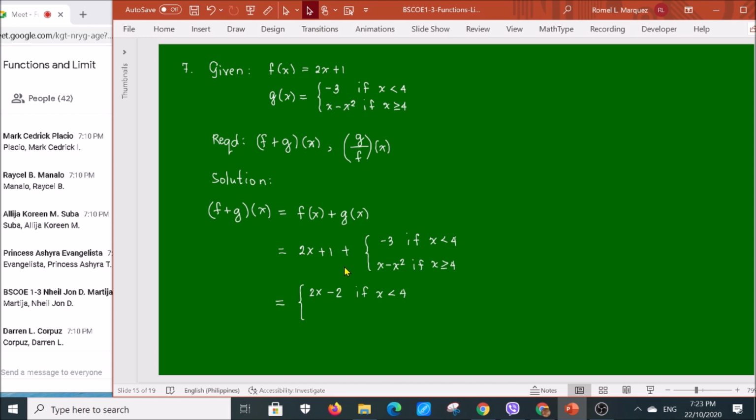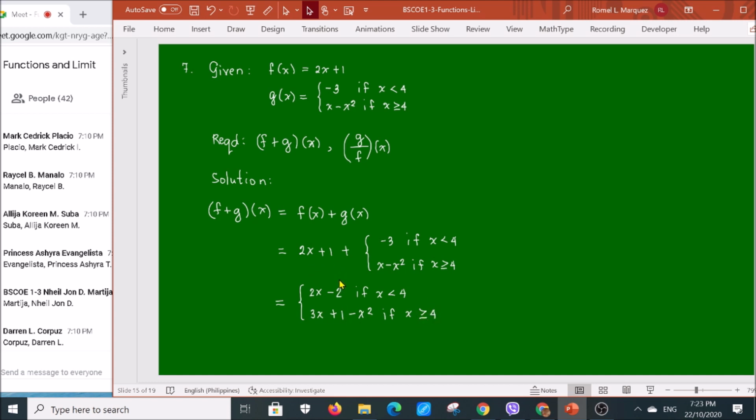So, we have 2x plus 1 plus x minus x squared. So, getting 2x plus x is 3x, and then plus 1, and then minus x squared. So, this is if x is greater than or equal to 4.